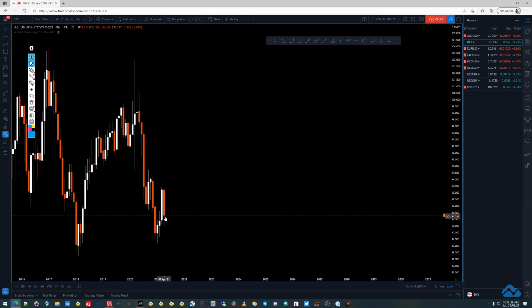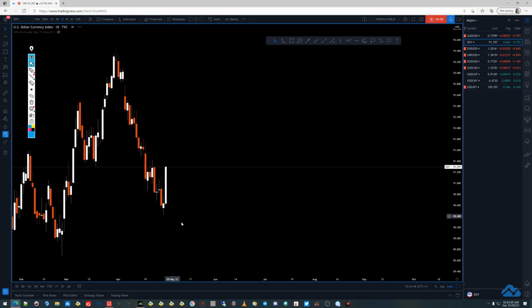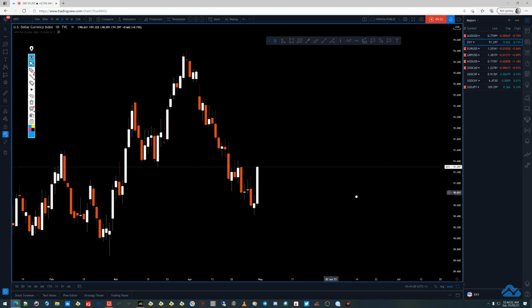Because this candle is so huge, I'm expecting the market to go upwards anyway, but towards the end of May, it can fall back down. But for now, DXY is looking bullish on the weekly time frame and on the daily time frame. There can be little pullbacks, but I'm expecting it to reach near about this 92.832 area or so. So this is what we have on DXY.